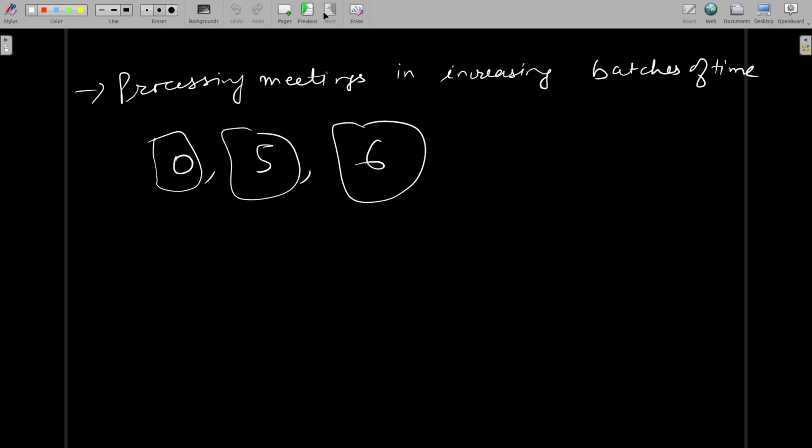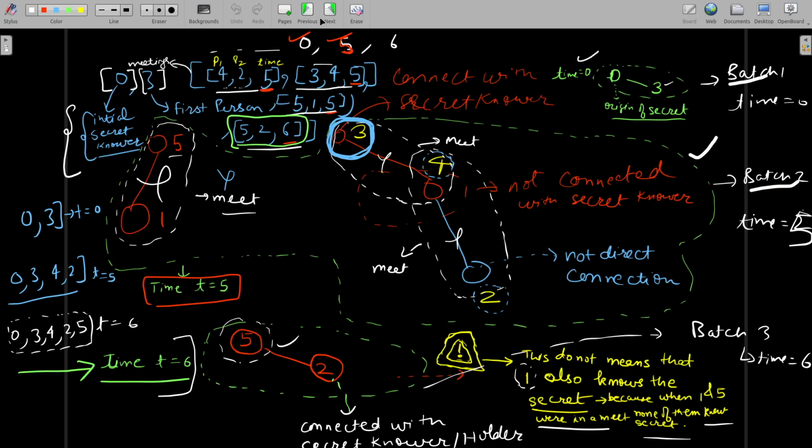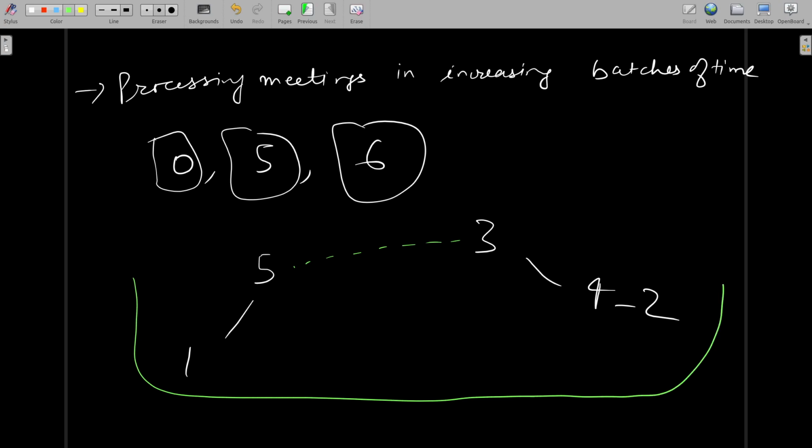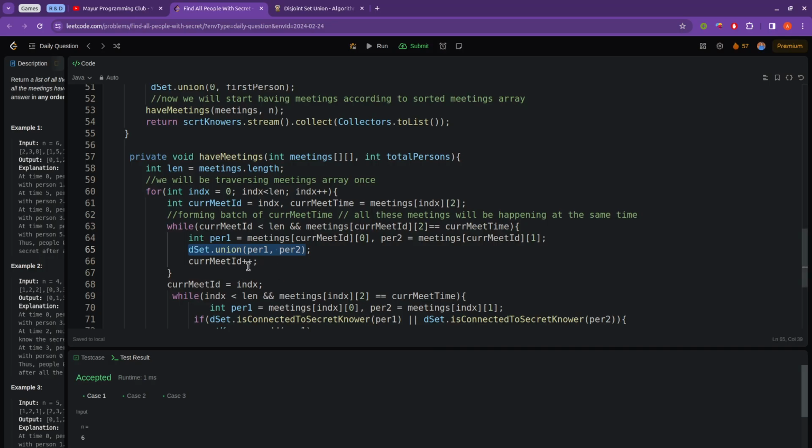If we take it to some other slide, so 5, and then with 5 it was 1, and then 3, 4, 2. For simplicity, let's also consider that these two are also linked. Okay, so this will be one batch after this disjoint set union.